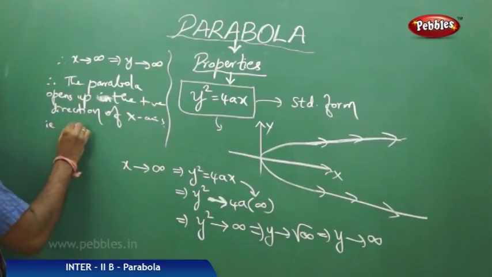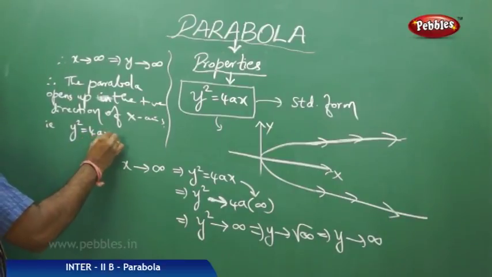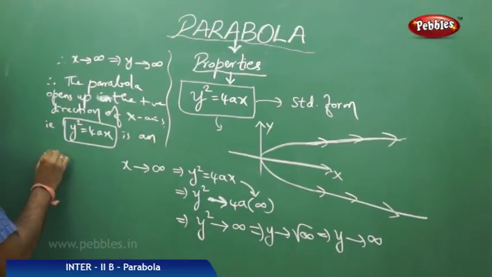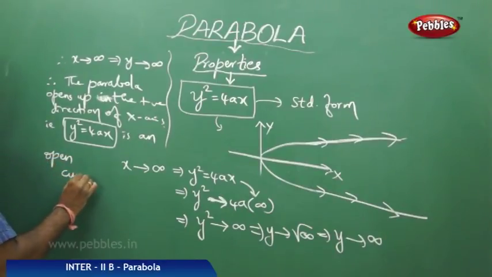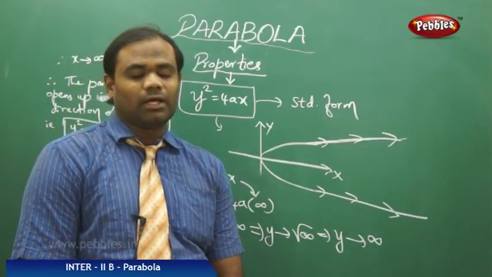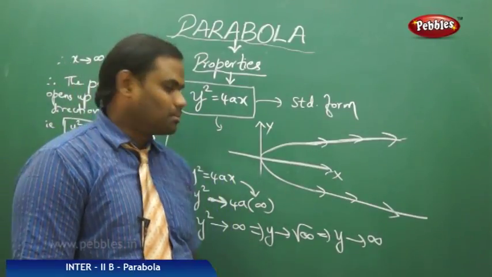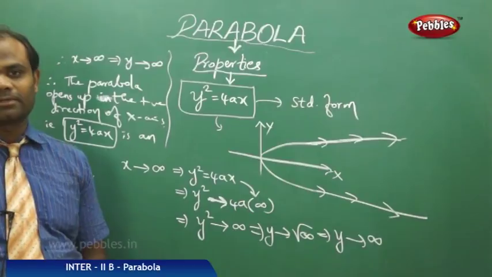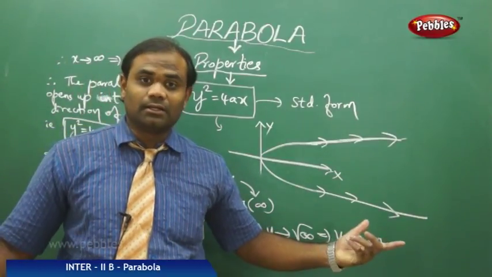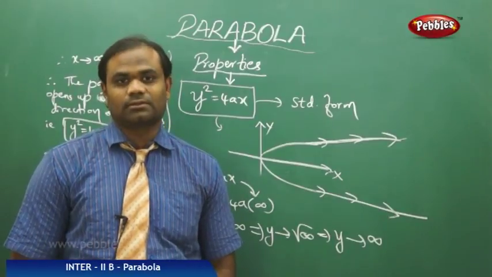That is, y square equal to 4ax is an open curve. Just like a circle which is a closed curve, a parabola is not a closed curve, as supported by this mathematical property. A parabola is an open curve and a circle is a closed curve.